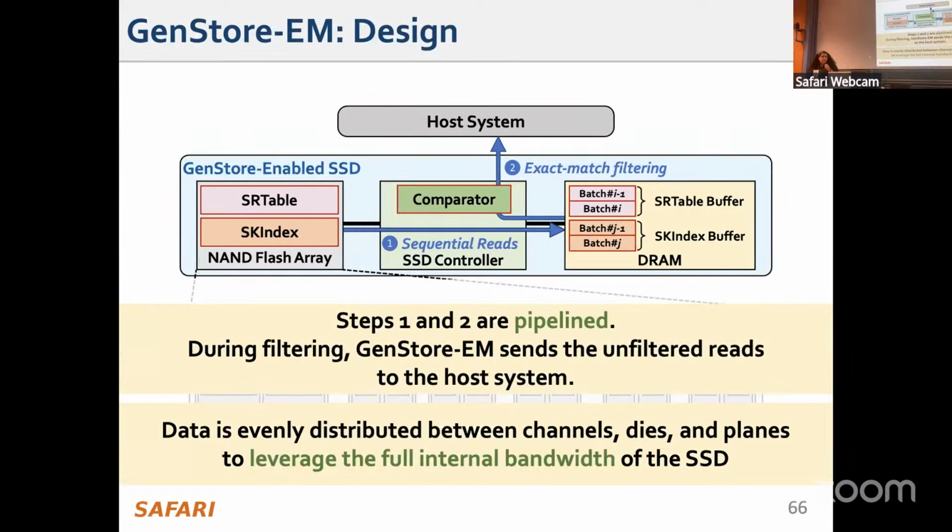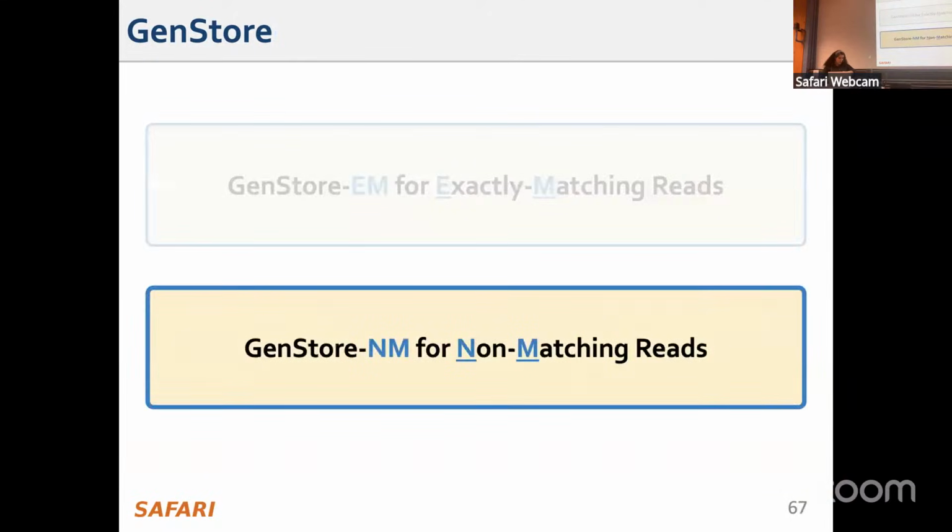In some of our subsequent works, we show that general purpose in-storage units that can support simple comparison operations can be adopted to support these types of operations. But for that to happen, we need to co-design these algorithms and the architecture together. Dropping the conventional algorithms in would not work easily. So that was my overview of GenStore EM.